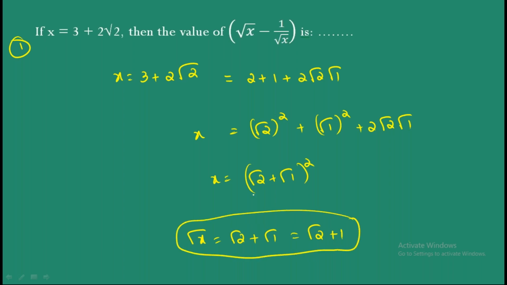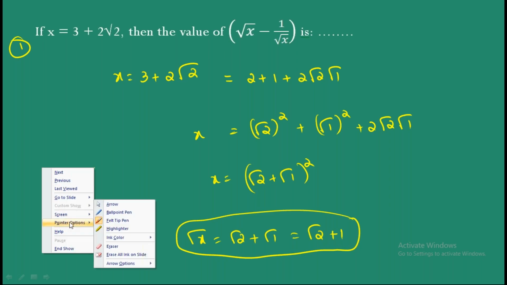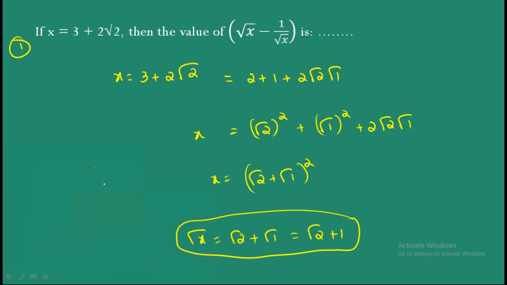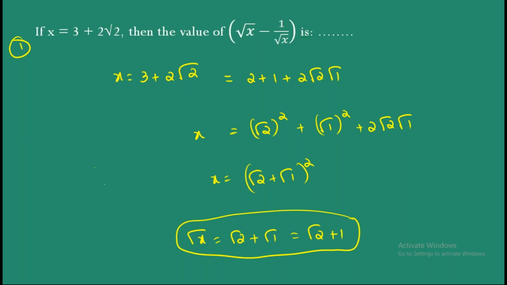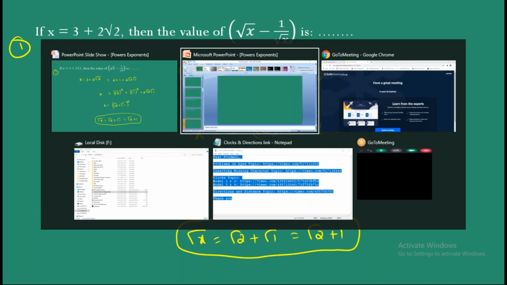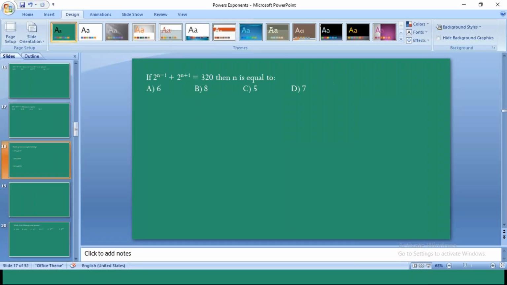Next, you want to find 1 by root x, because the question is not only root x, they gave 1 by root x as well. Then you have to subtract those two after finding 1 by root x.